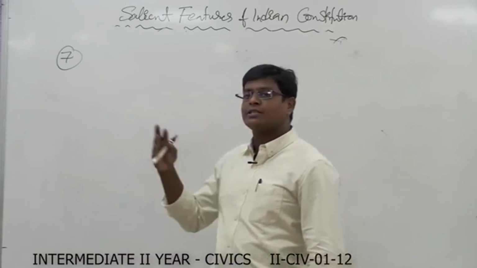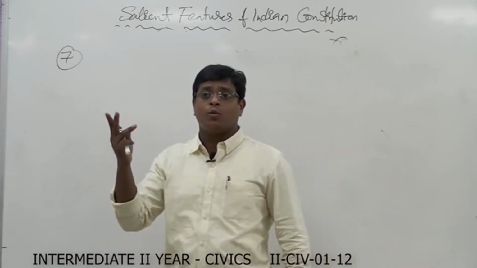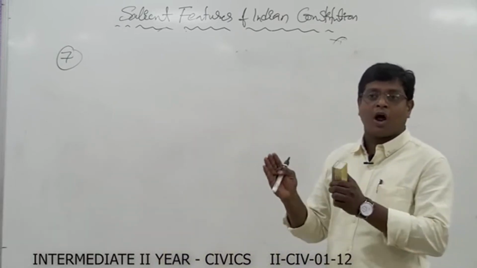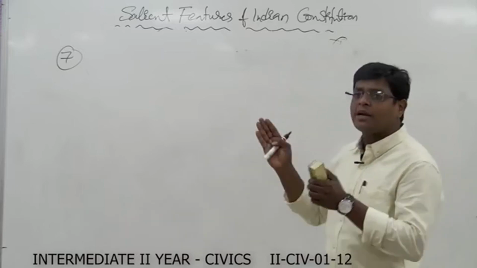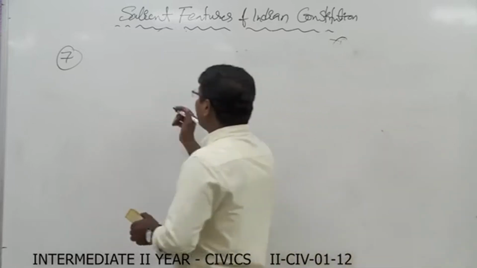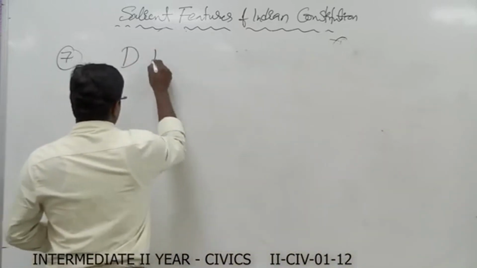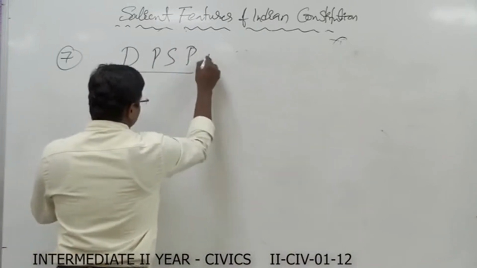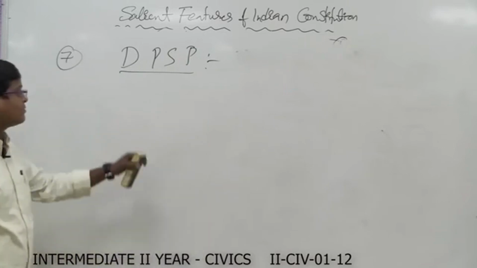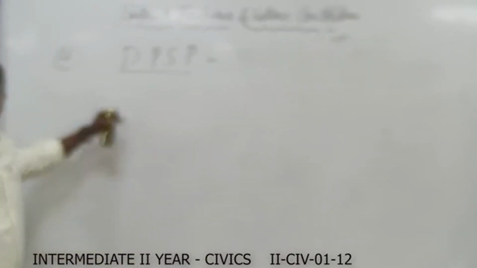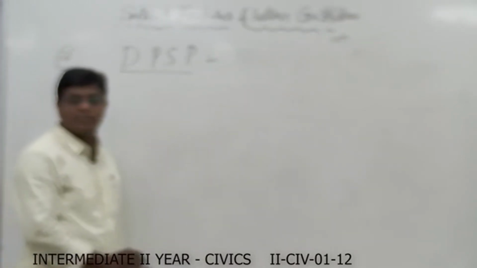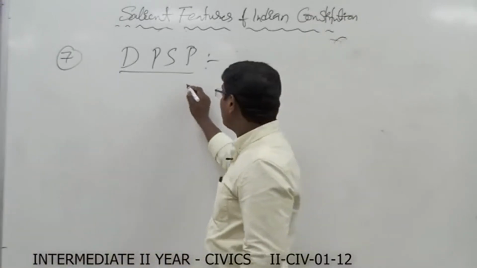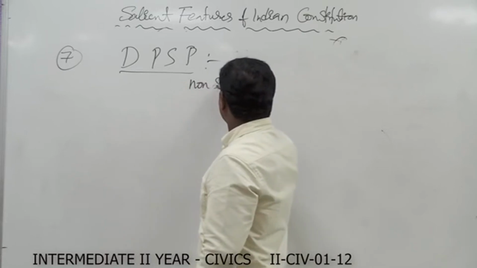That committee classified rights into 2 types: one is justiciable, another is non-justiciable. The fundamental rights are justiciable, whereas the directive principles of state policy, DPSP, are non-justiciable. Understood?